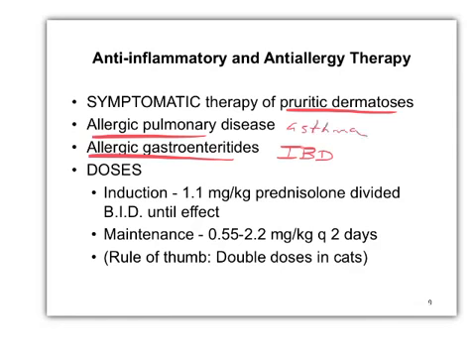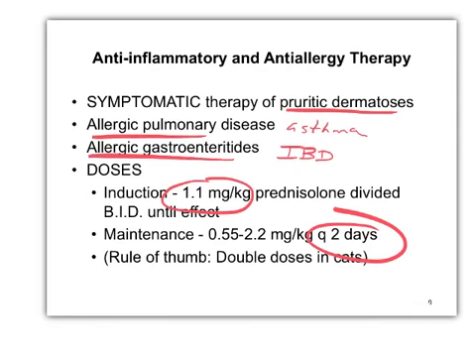Generally speaking, and remember I'm using prednisolone just to talk about a dosage, and it's useful to see these dosages in relative terms, prednisolone at around 1 milligram per kilogram, usually divided, until effect. That's why you need to have a clinical objective to say, okay, I'm going to stop the animal from self-traumatizing, or I'm going to help the animal breathe better, and then I'm going to back off. You can back off to a maintenance dose, which in cases like this may be even every other day.